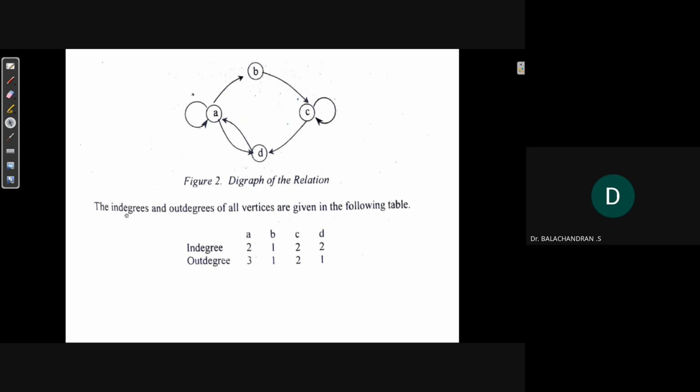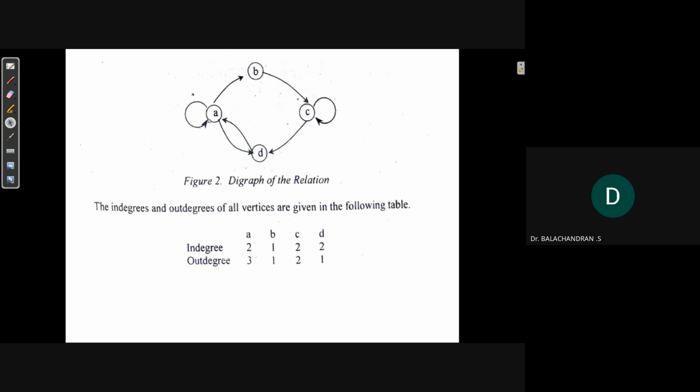Next, we should write the in-degree and out-degree of each of the vertices. First, I am writing the in-degrees of A, B, C, D. In-degree means how many edges are coming towards the vertex. This is coming towards A, 1. A self loop counts for both in-degree as well as out-degree, because it is going out and also coming inside.